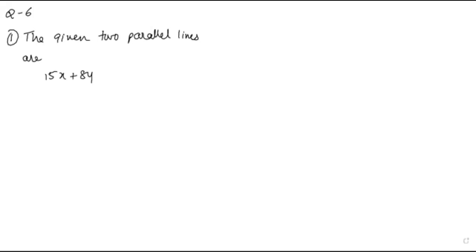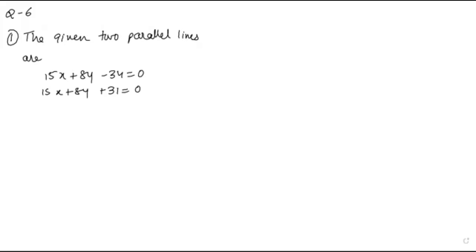Let's try to understand sixth question, where we are asked to find a perpendicular distance between the two parallel lines. So the given two parallel lines are 15x plus 8y minus 34 equal to 0, and 15x plus 8y plus 31 equal to 0.